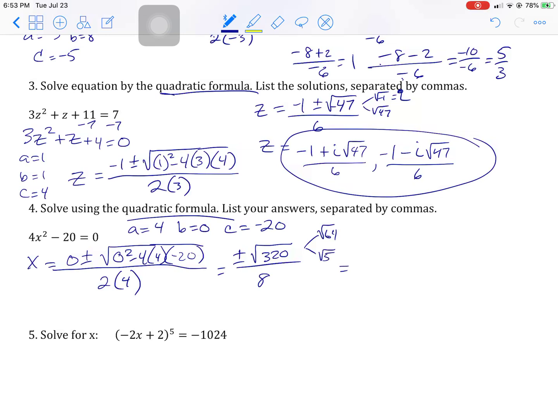So plus or minus 8 square root of 5 over 8. And because there's a 0 in front, I'm allowed to do that. So x equals square root of 5 and negative square root of 5.